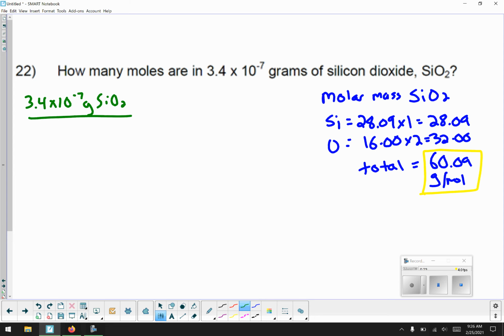Put that over 1, and we just want to set up a conversion factor now. In this case, we want the grams of SiO2 on the bottom, and we want to go to moles. So we know that 1 mole of silicon dioxide is 60.09 grams. So we plug those numbers in.